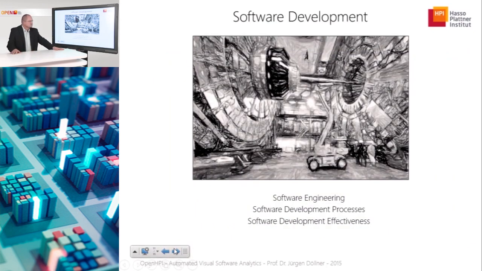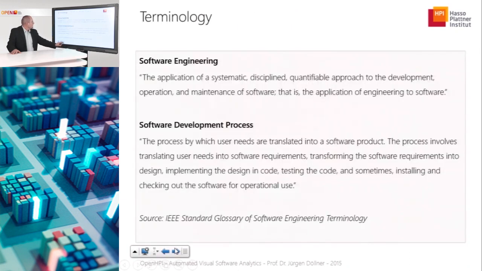This concludes this part about software development, a brief introduction into software engineering aspects, into software development processes, and the question for software development effectiveness. The terminology introduced here include software engineering as the application of a systematic, disciplined, quantifiable approach to the development, operation, and maintenance of software.